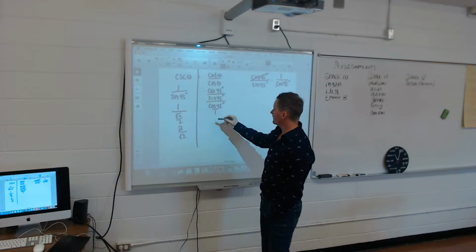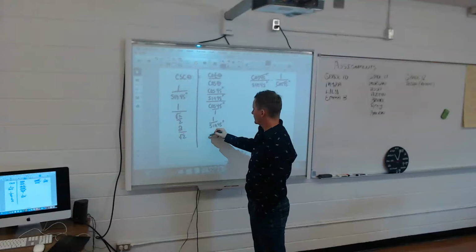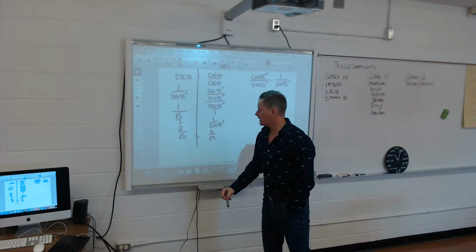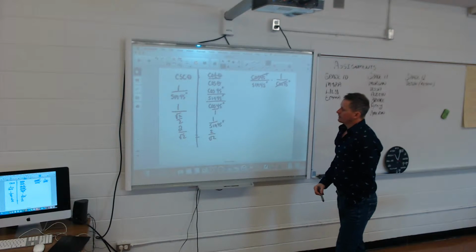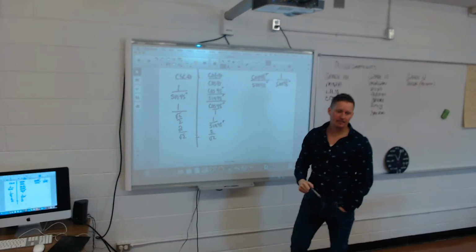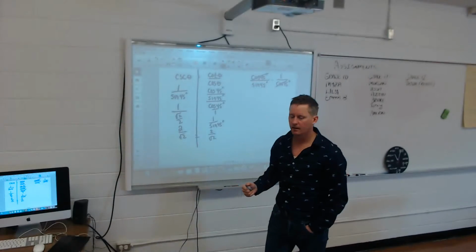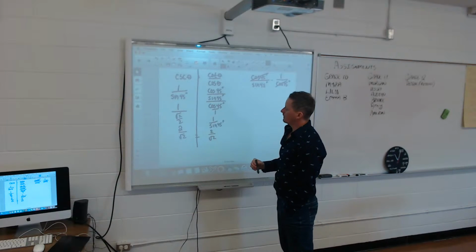So what am I left with? 1 over sine 45 degrees, which is the same as 2 over root 2, and those equal each other. So I can simplify this, or I could just put values in here and then simplify it. But by putting values in, I get a bunch of fractions, and it's not as easy to do. Okay?